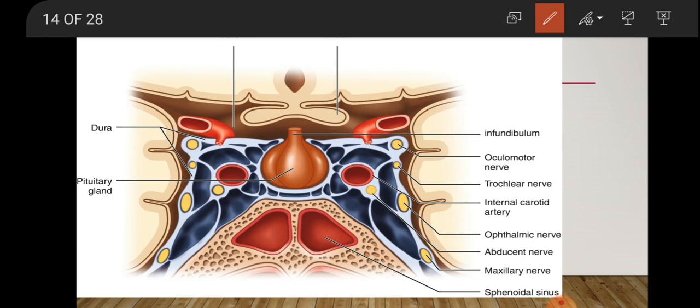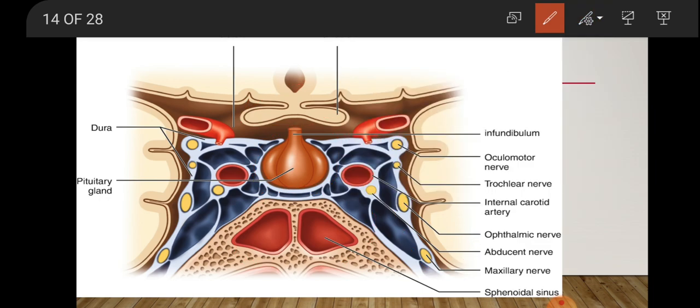So this sphenoidal air sinus is related to the cavernous sinus, and these cranial nerves, the oculomotor, trochlear, abducent, and all three divisions of the trigeminal nerve, the ophthalmic, maxillary, and mandibular, and also the internal carotid artery laterally. The roof is formed by the optic chiasma in the upper part and the pituitary gland in the lower part. So this picture will give you a clear idea of the relations of the sphenoidal air sinus.